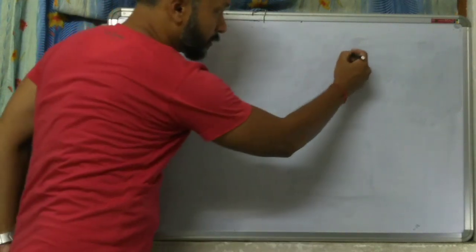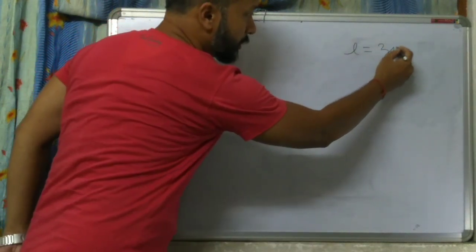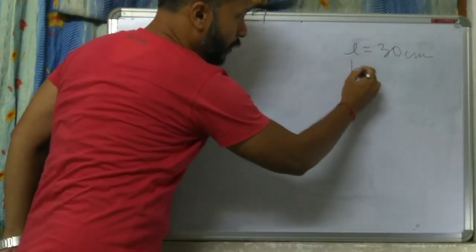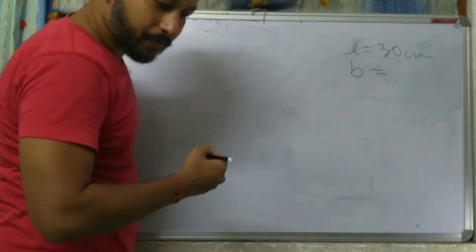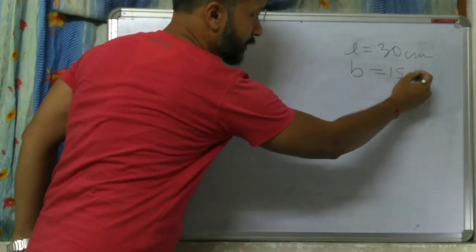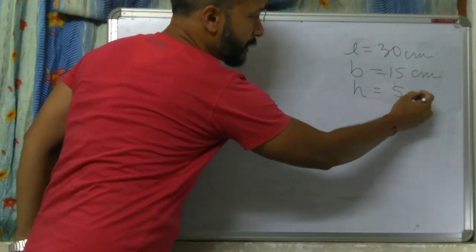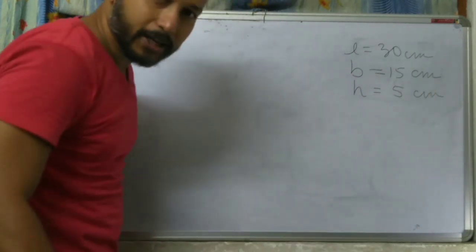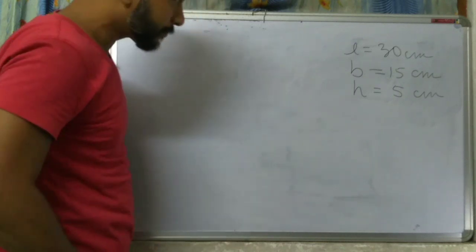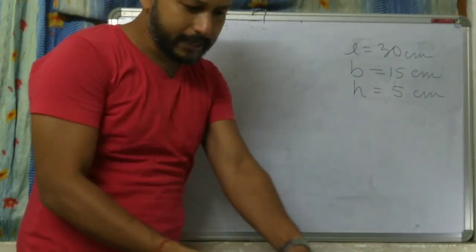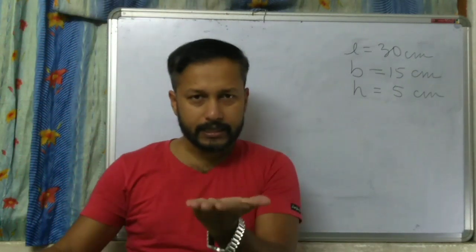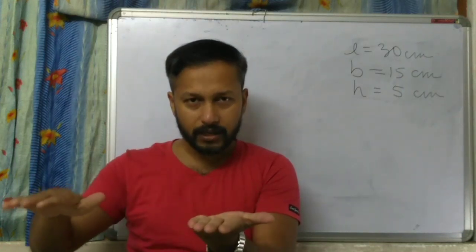Length of the book, 30 centimeter. What is the breadth? 15 centimeter. What is the height of the book? 5 centimeter. Understood? Now, say this is the table. Fine.